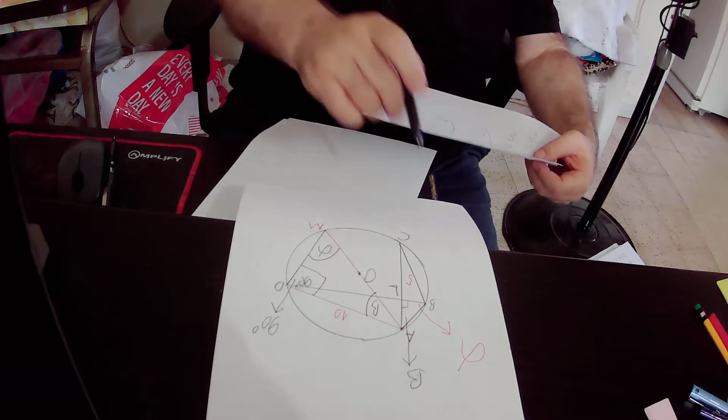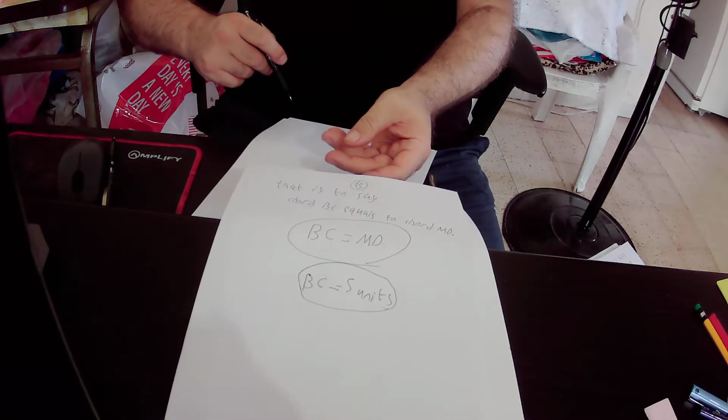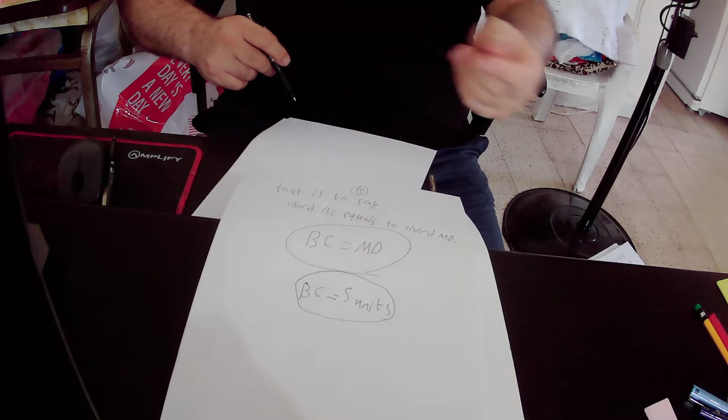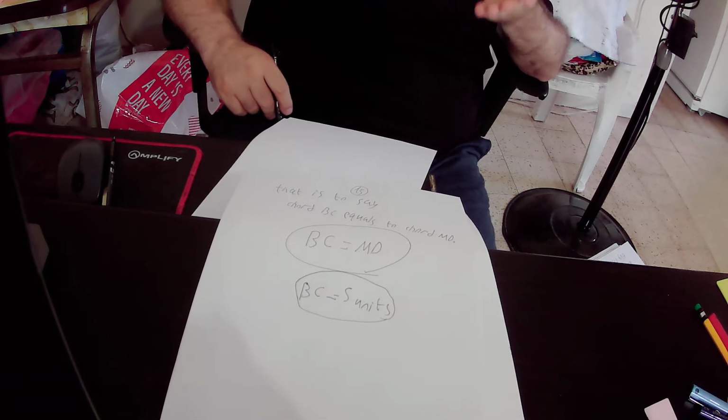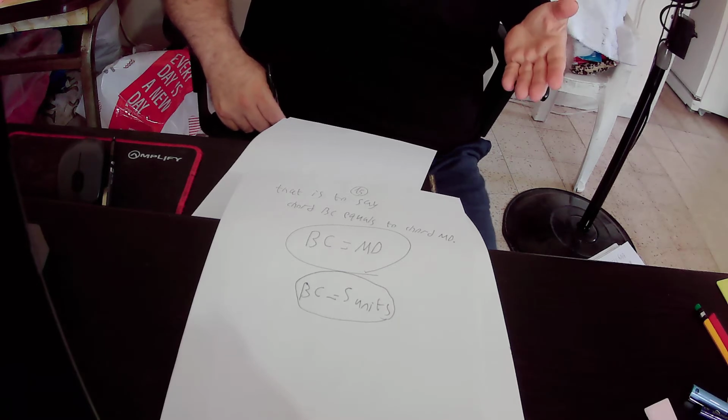So we know, as given in the question, that BC equals 5 units. From one side BC equals MD, from the other side BC equals 5 units.